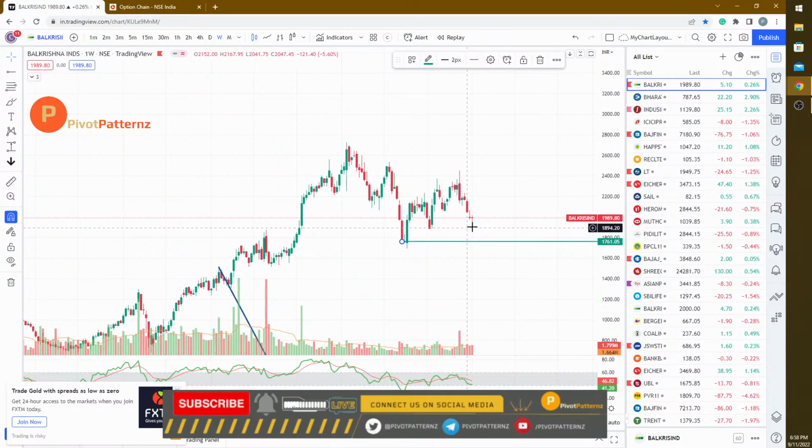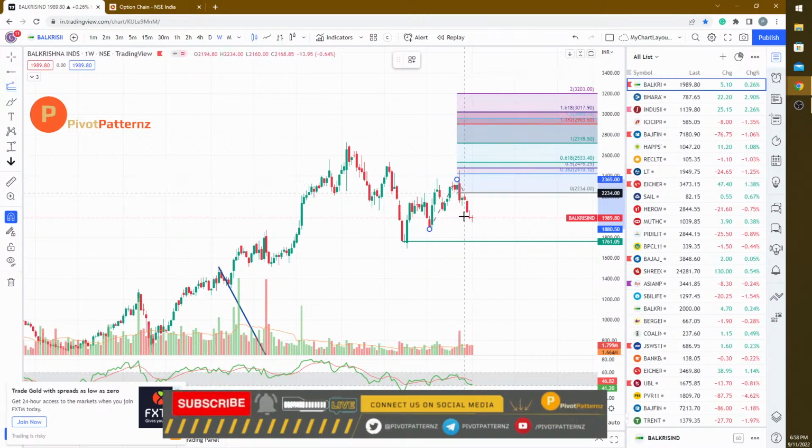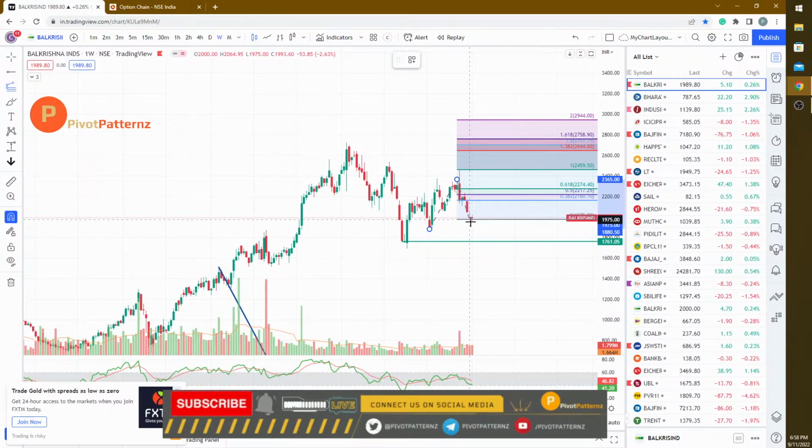Also, if you get to buy above 2020, a small trade, maybe for 2 days, let me tell you what would be your target. If you take high on that, your first target would be 2180.